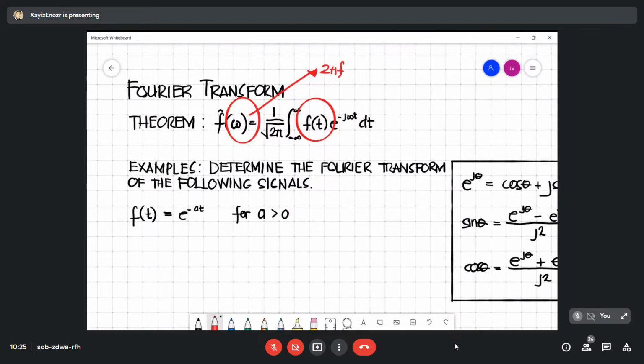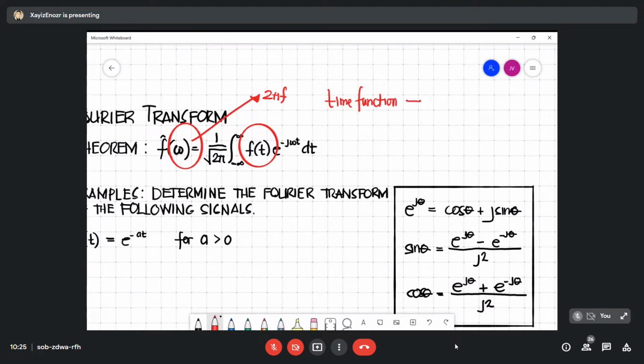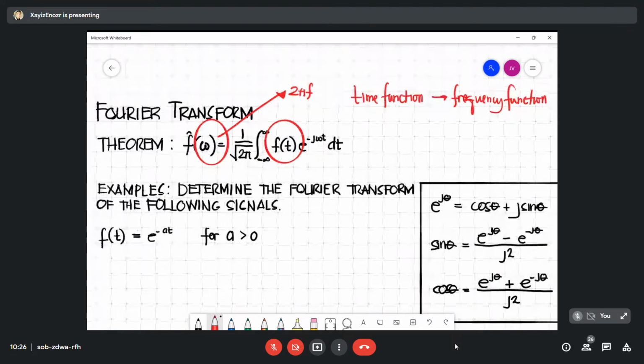Ibig sabihin, we are transforming a time function into a function ng frequency. That is Fourier transform. So, ito yung kanyang theorem.